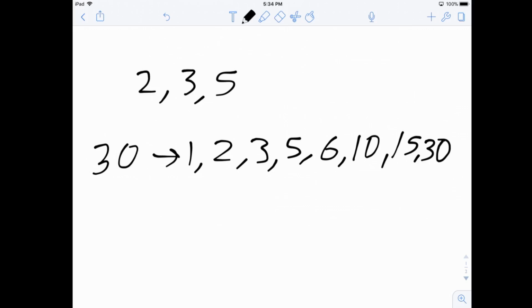And in the problem, it specifically tells us each element has at most 7 divisors. So whatever our 3 prime divisors are, it'll always be the case that if there's 3 prime divisors, then there'll be more than 7 divisors.